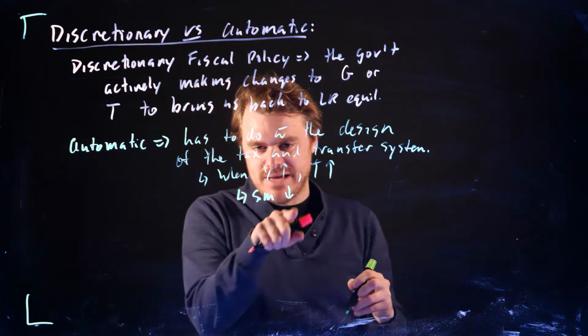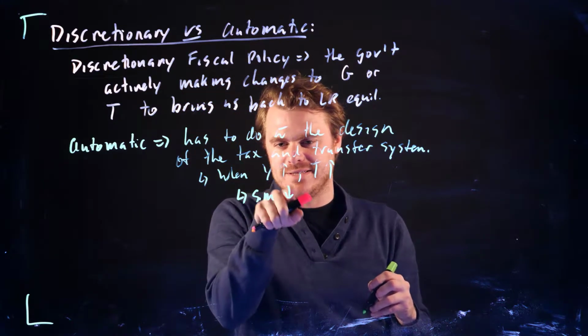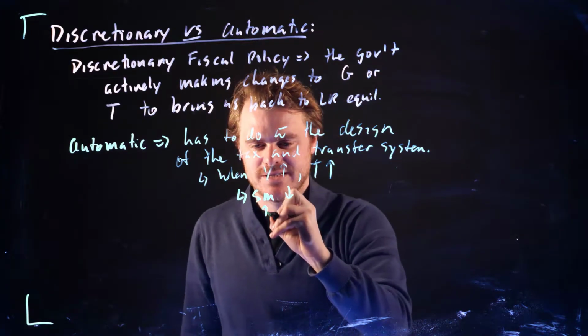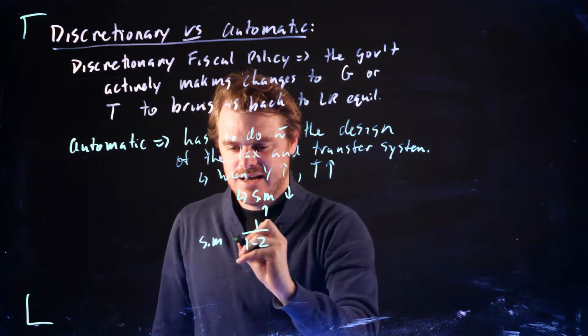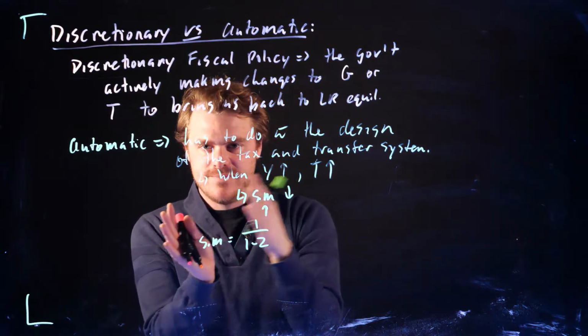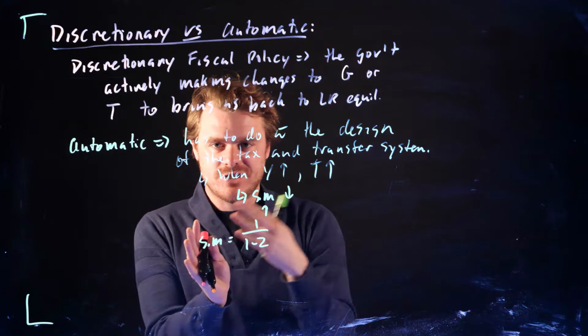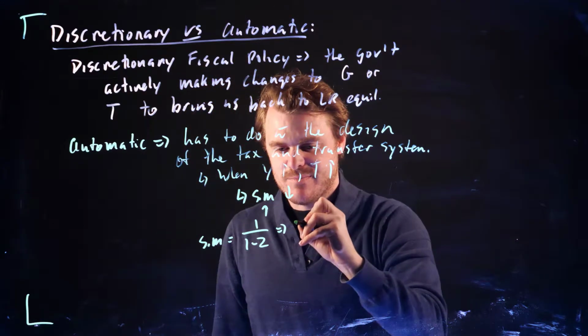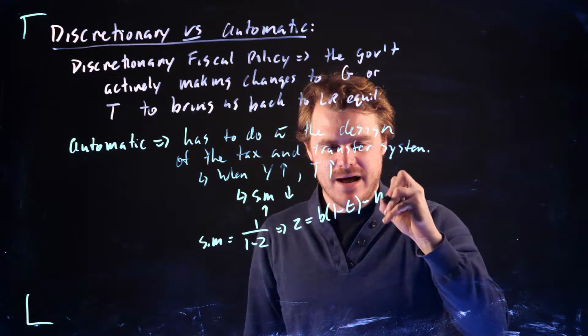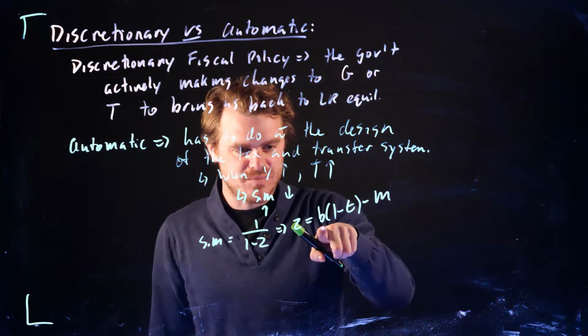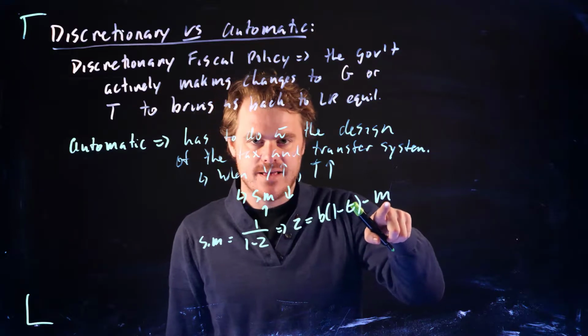But let me connect it in a better way than the simple multiplier being smaller. Remember, the simple multiplier is 1 over 1 minus z. This is the size of the shift of the AD curve from a change in capital A. And remember that z equals b times 1 minus t, minus m. This is the marginal propensity to consume, this is the tax rate, and this is m.